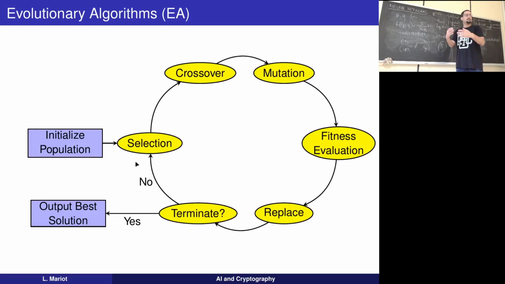Then we apply selection, crossover, mutation, and evaluate the fitness to compute the next generation. Then we do some replacement of the old generation with the next one, and we decide whether to terminate or go for another round of the evolutionary algorithm.